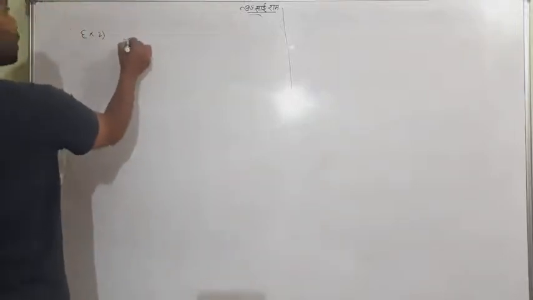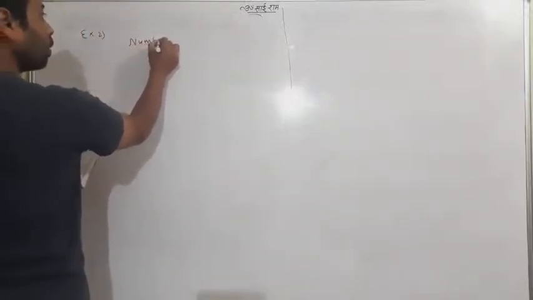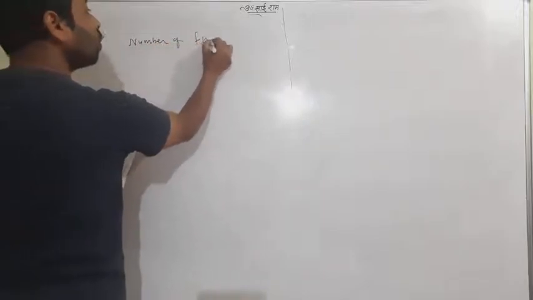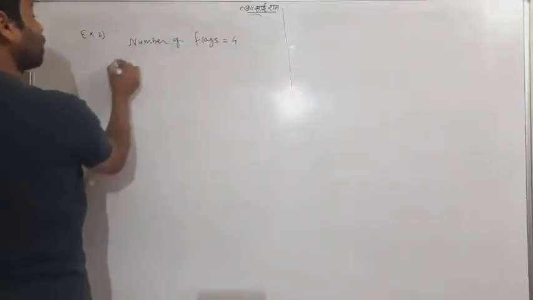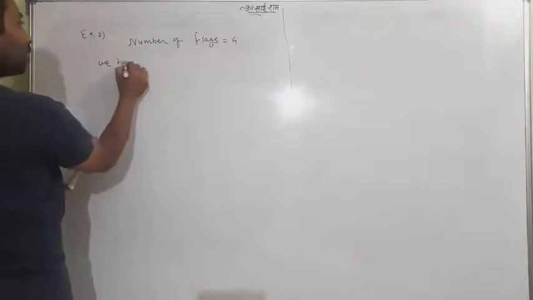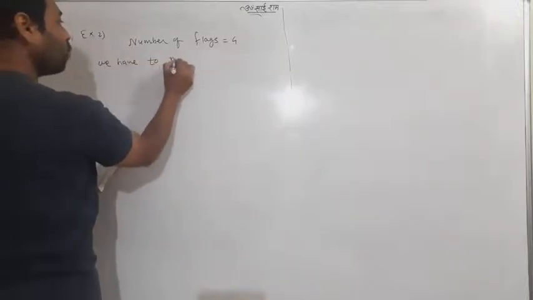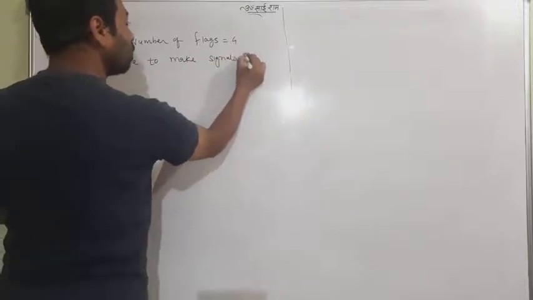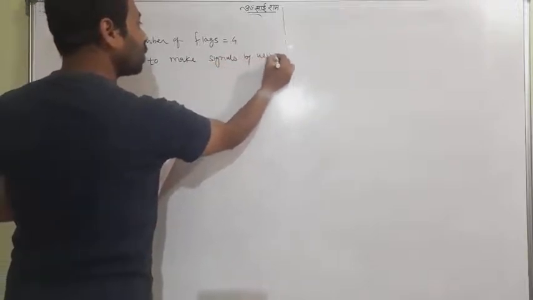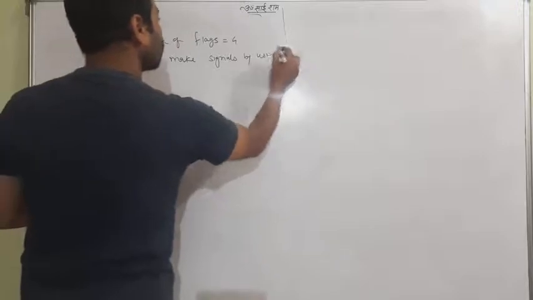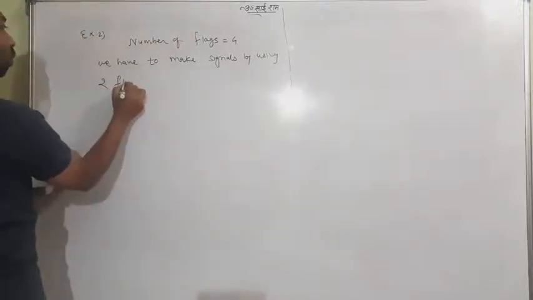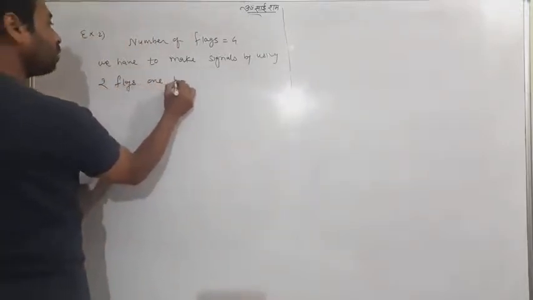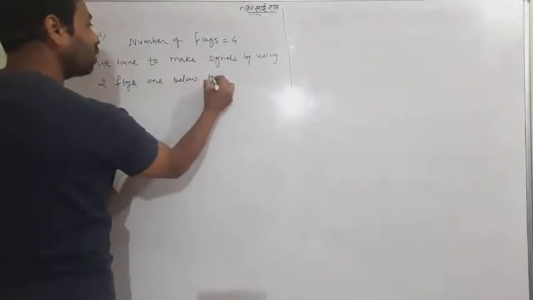Okay, the number of flags we have is 4, and we have to make signals by using 2 flags, one below the other. That's simple. This is the condition.